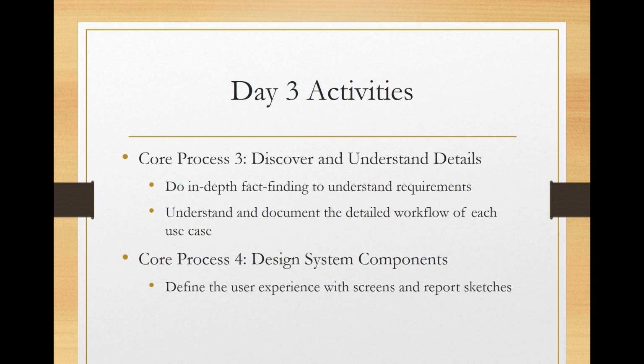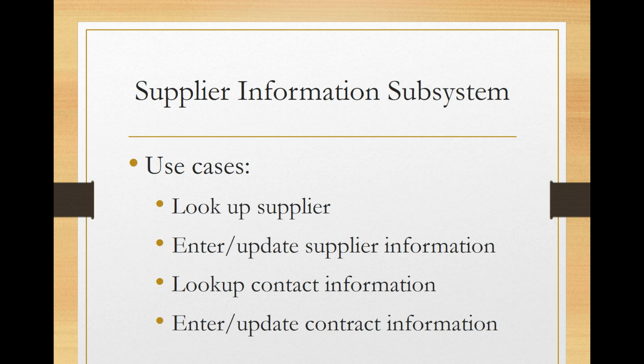And then we're going to define their experience. So we can sketch out what the screens and what the reports might look like. Now, we may have some of those predefined in our company or our software, and one of the things we want to do is maintain consistency, so our app doesn't look like every screen you jump to looks like a Christmas carol, something popping out weird and different.